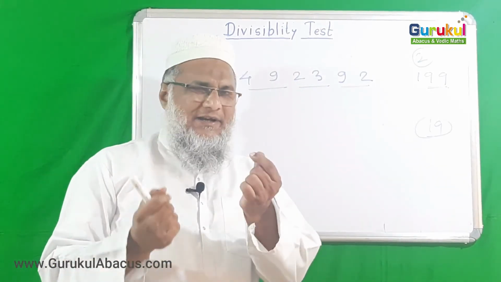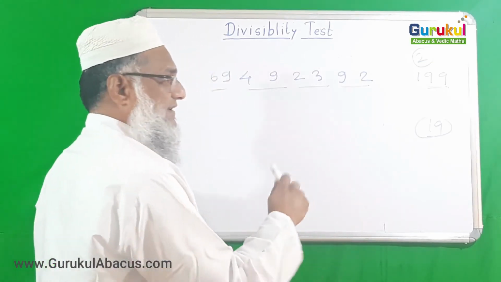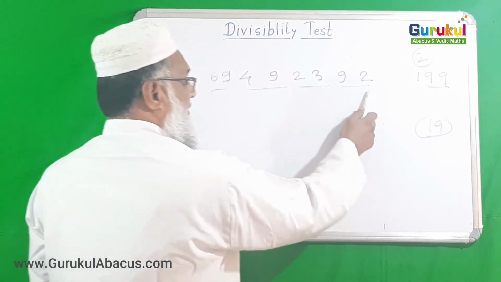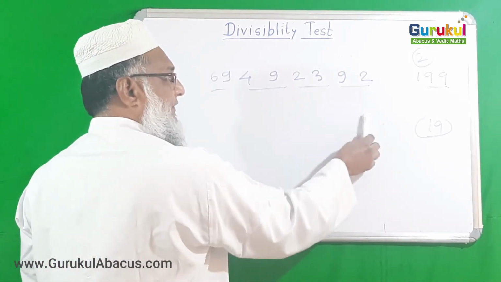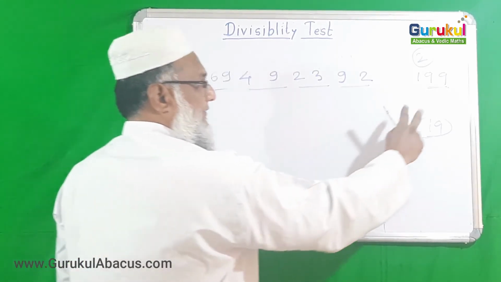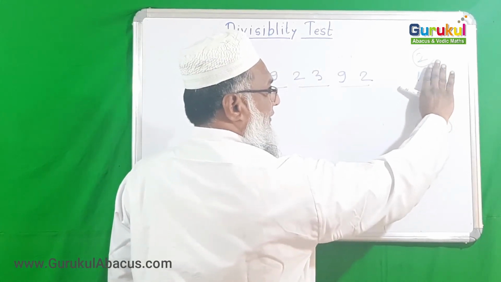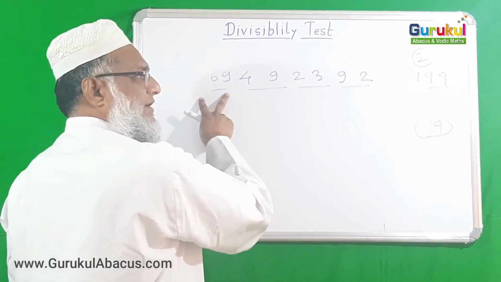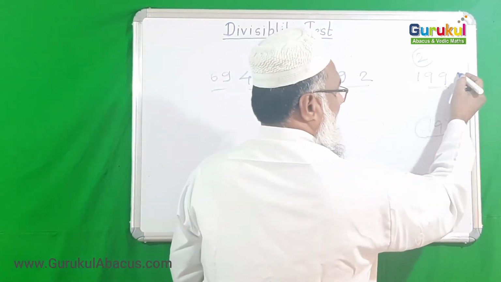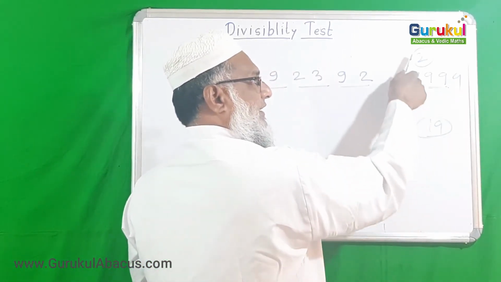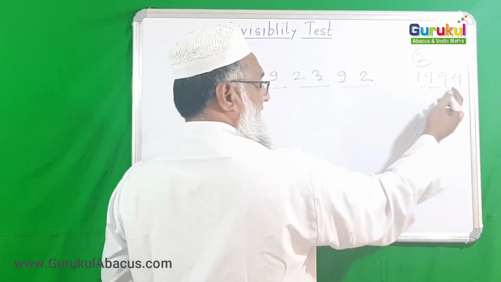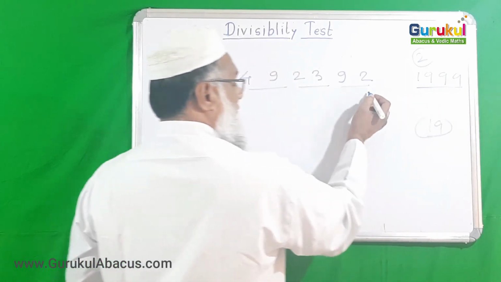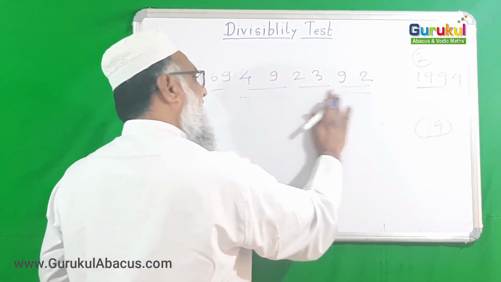Just see a little difference. Previously when it was 19, 29 or 39, we were not making pairs, we were taking only one digit. But now here we are hiding 2 nines, means 2 digits. So here we make groups of 2 digits. Till now ekadika would be 1 only, but if it were 1999, then we would make groups of 3 digits. That's the only difference.